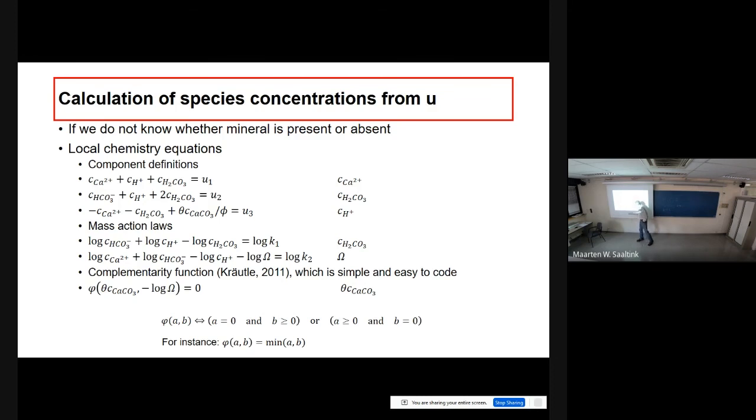One way to do it is the minimum. I say the minimum of A and B should be 0.